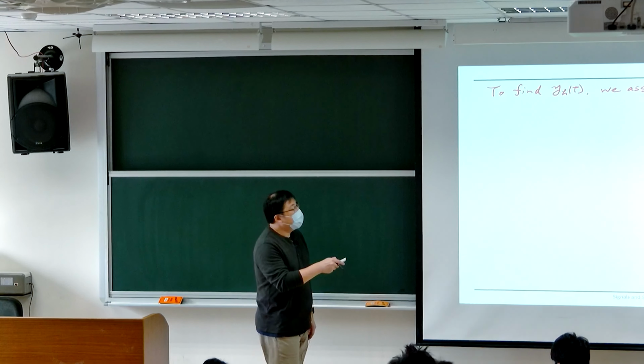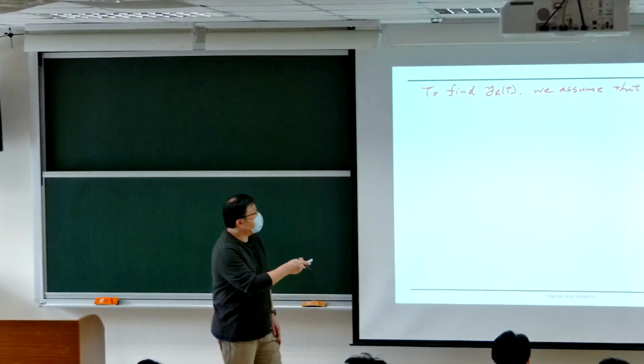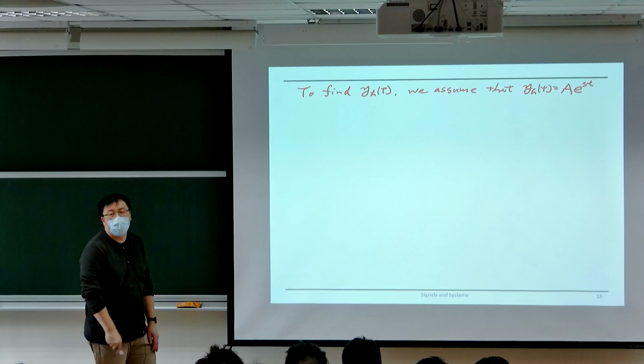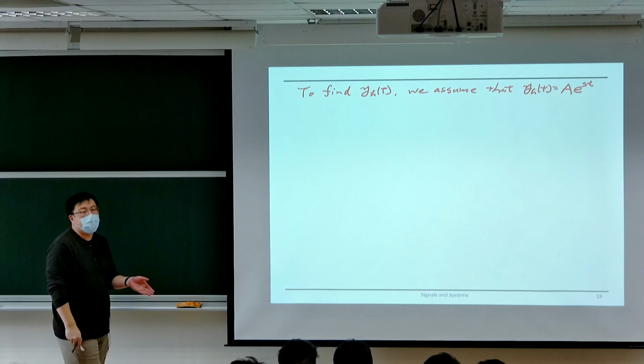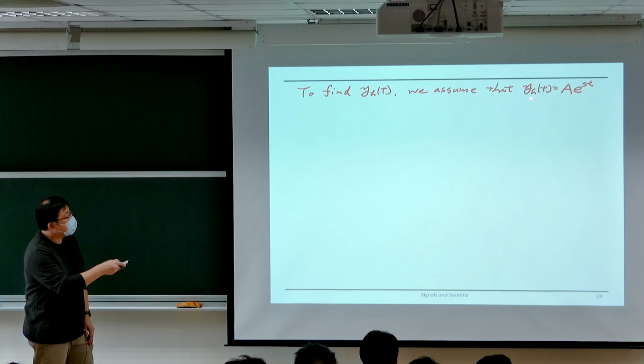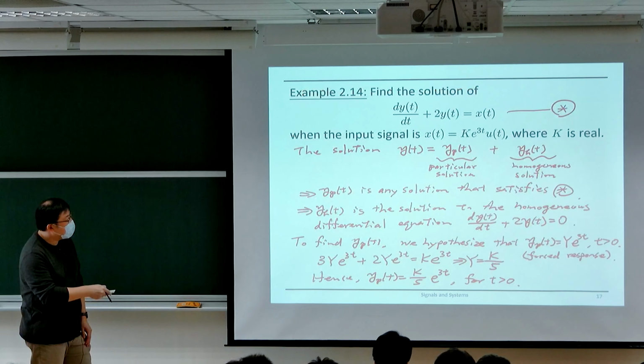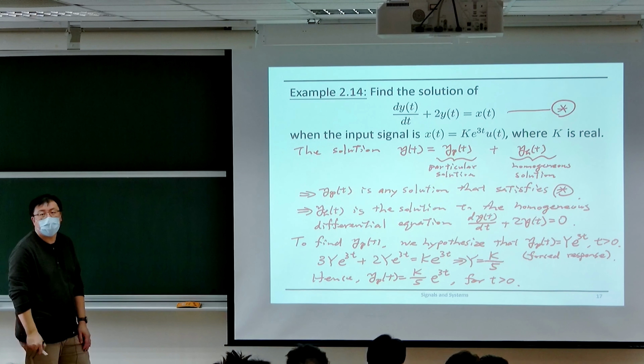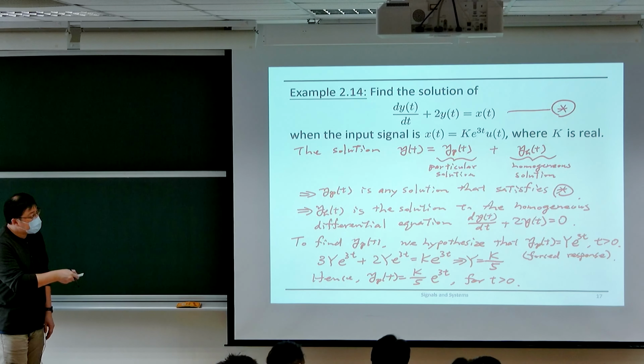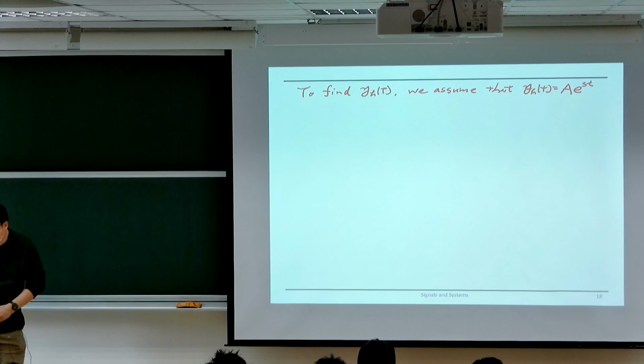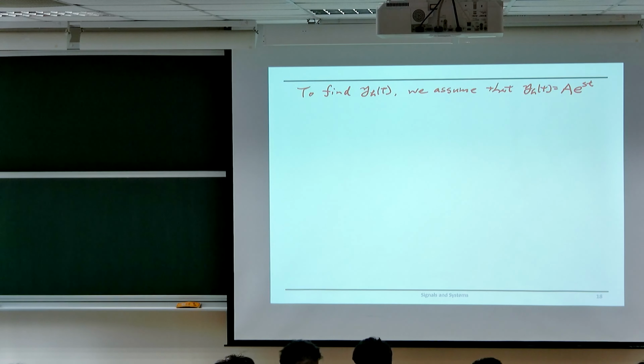So this is our guess. We're guessing that the homogeneous solution will take on this form, but we need to check if this is true or not. So we need to substitute this inside this homogeneous equation. We take the derivative, which gives us s a e to the power st plus 2 times y of t, which is 2a e to the st, equal to 0.